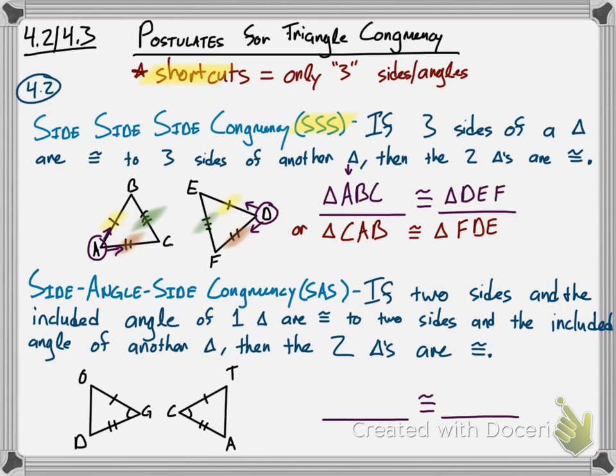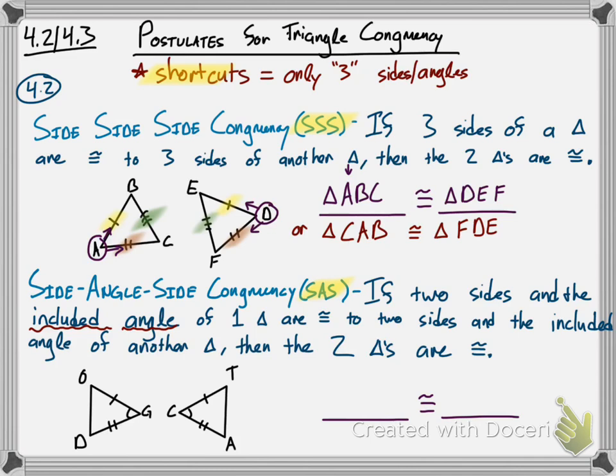All right, moving to our next shortcut. We have what we call side angle side. And side angle side says if 2 sides and the included angle of one triangle are congruent to 2 sides and the included angle of another triangle, then the 2 triangles are congruent.